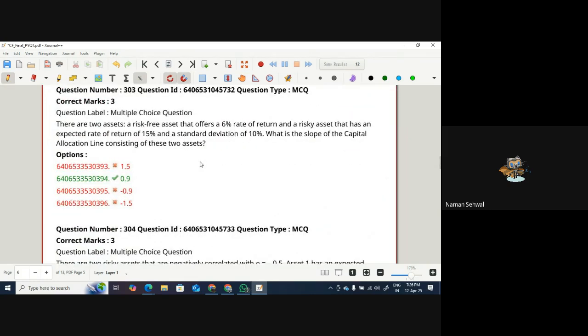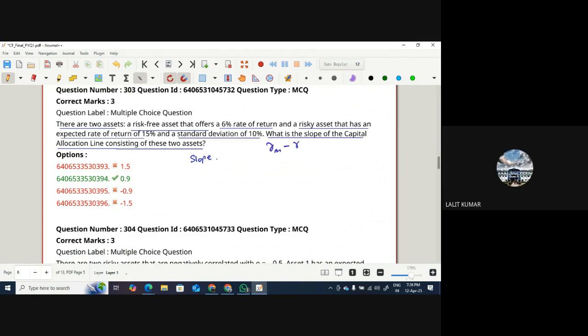Now, next question. There are two assets: a risk-free asset that offers a 6% rate of return, and a risky asset that has an expected rate of return of 15%, with a standard deviation of 10%. What is the slope of the capital allocation line consisting of these two assets? So, how do we solve this question? Can somebody tell me? RM minus RF divided by standard deviation.